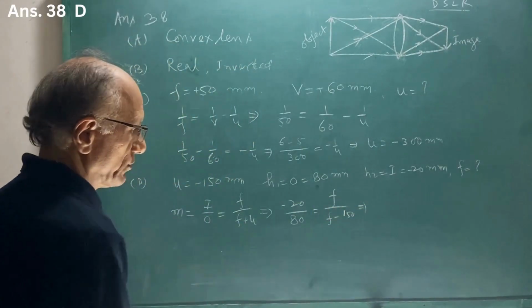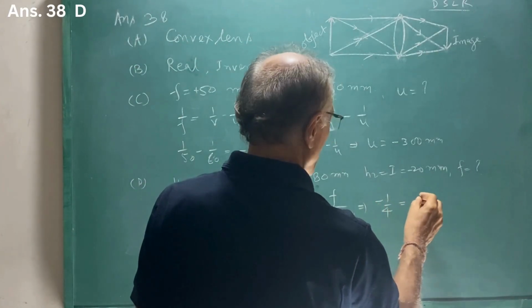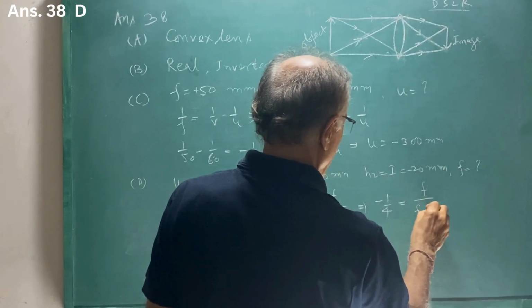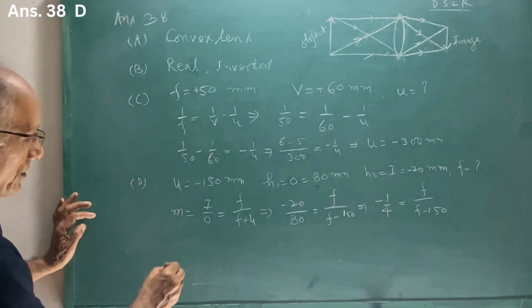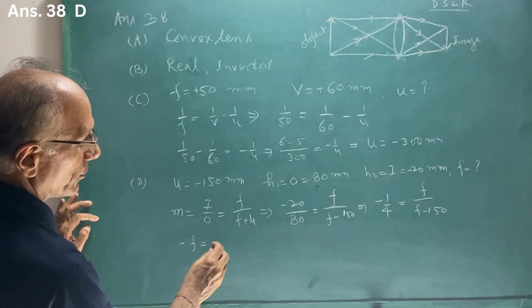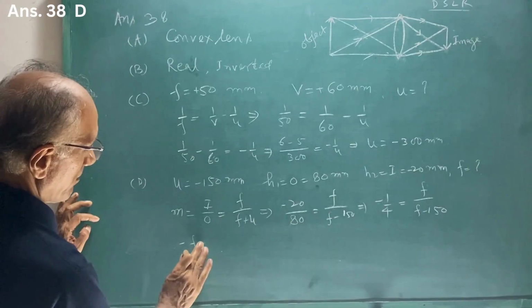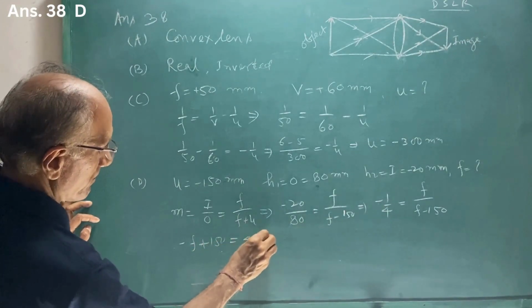That means this will become minus 1 by 4 equals F upon F minus 150. Just cross multiplication: minus F plus 150 equals 4F.